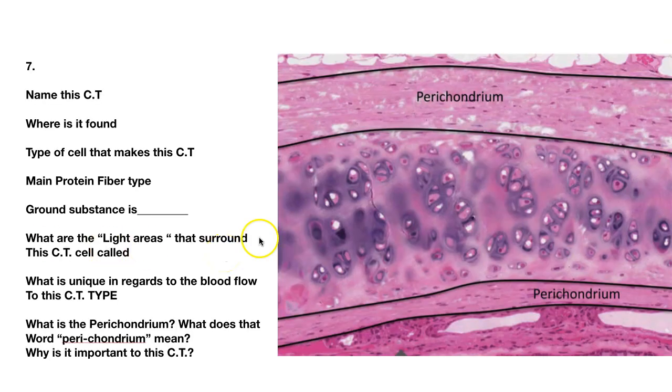Number 7, we're talking about this connective tissue right in here. Name this connective tissue right here. Give me at least 2 places where you can find this connective tissue. What type of cell is making this connective tissue?